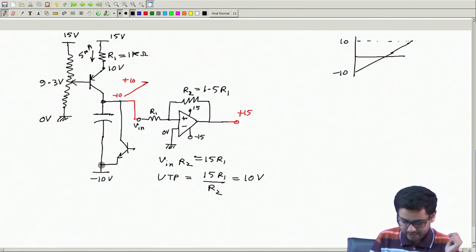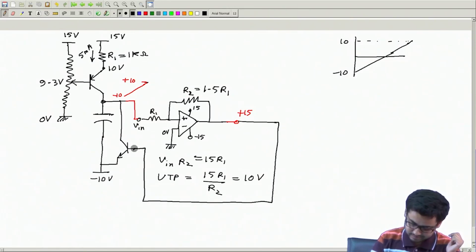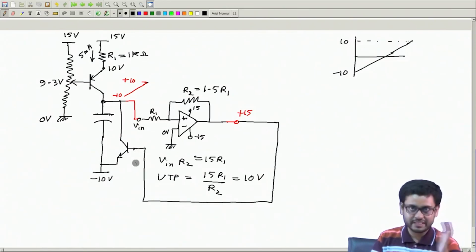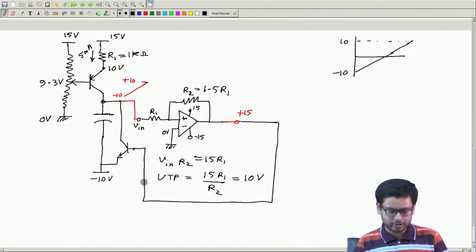This is at minus 10 volt. If I connect 15 volt, there we may need some voltage adjustment, maybe. I'm not going into that much detail.